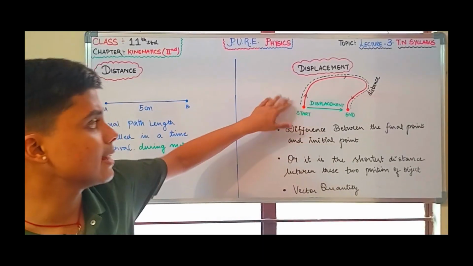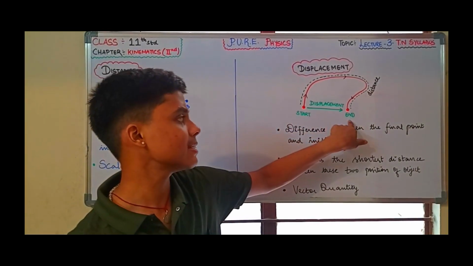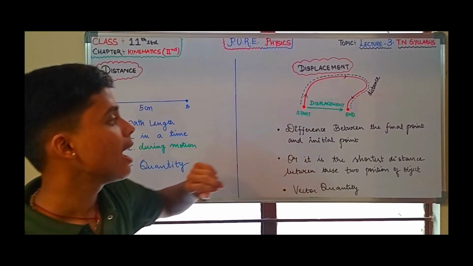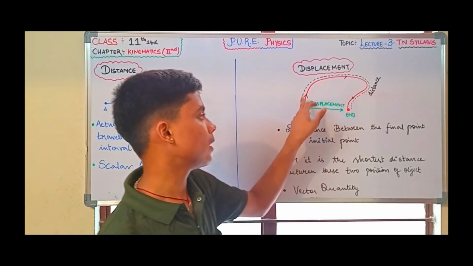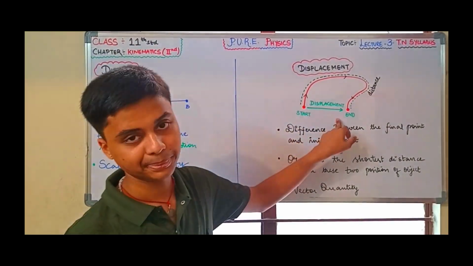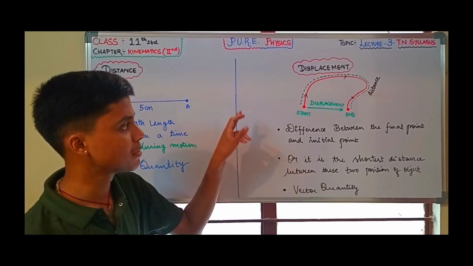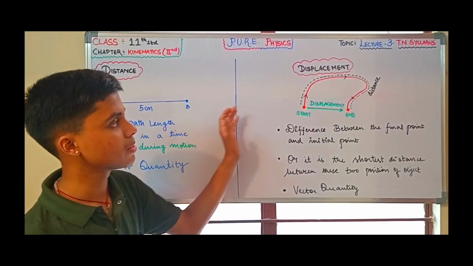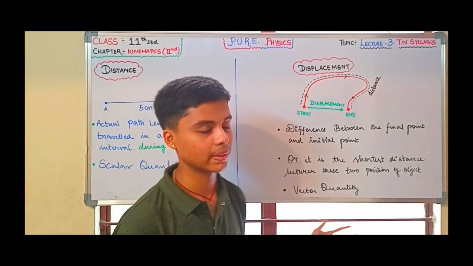As you can see in this diagram, if a person has to travel from the starting point and has to reach the end point, and the direction is drawn in the red line, it also gives you the distance traveled by the person who is going to travel from start to end. And it is a vector quantity because it gives you the direction of start and ending point, and also gives you the distance traveled by that person. So it is a vector quantity.